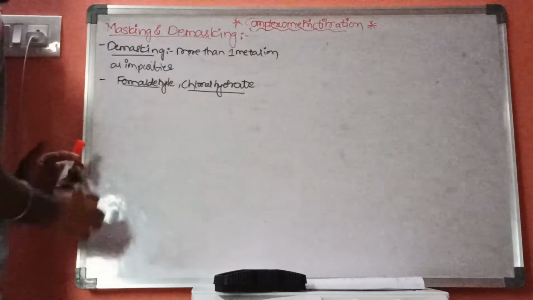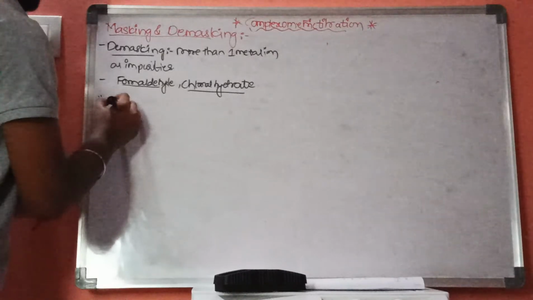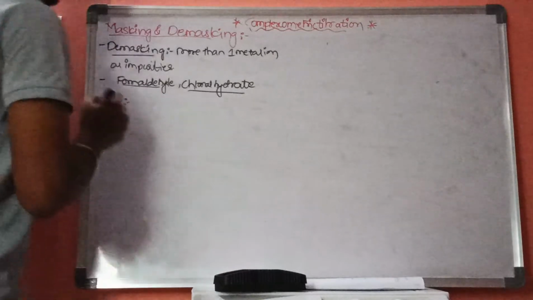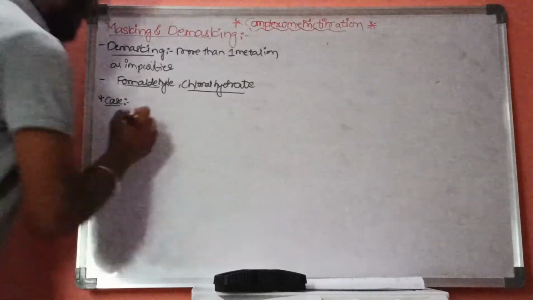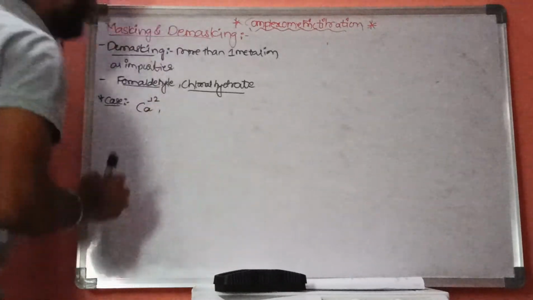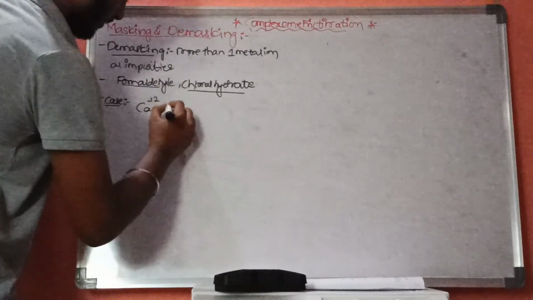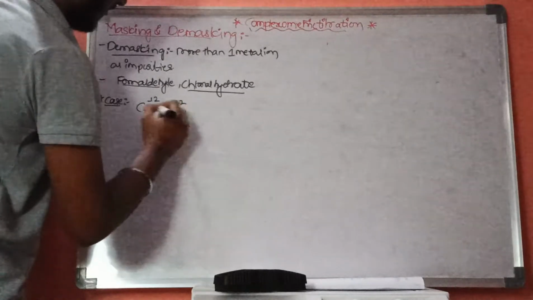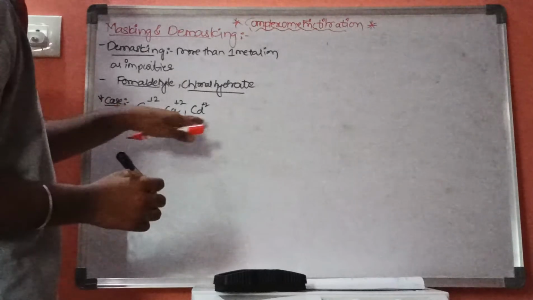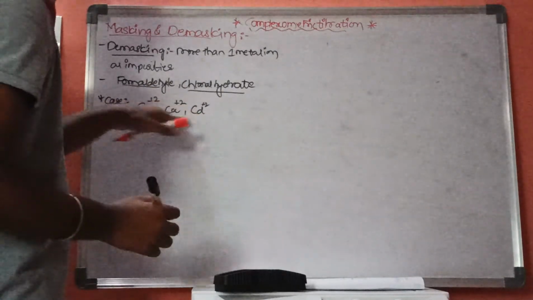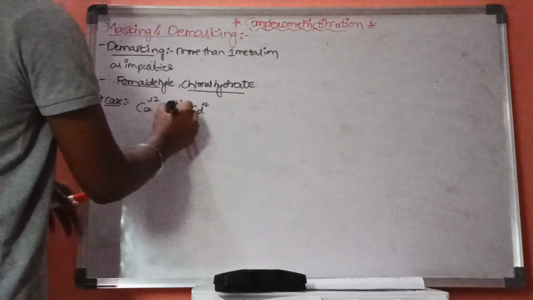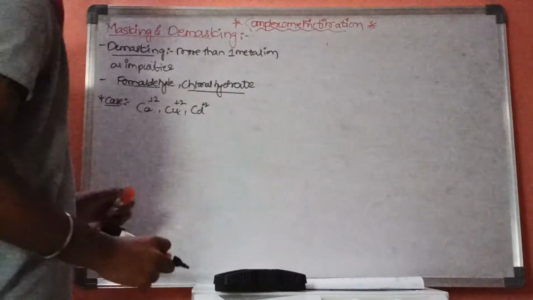Now let us consider a case where a solution contains three types of metal ions: calcium, copper, and cadmium.